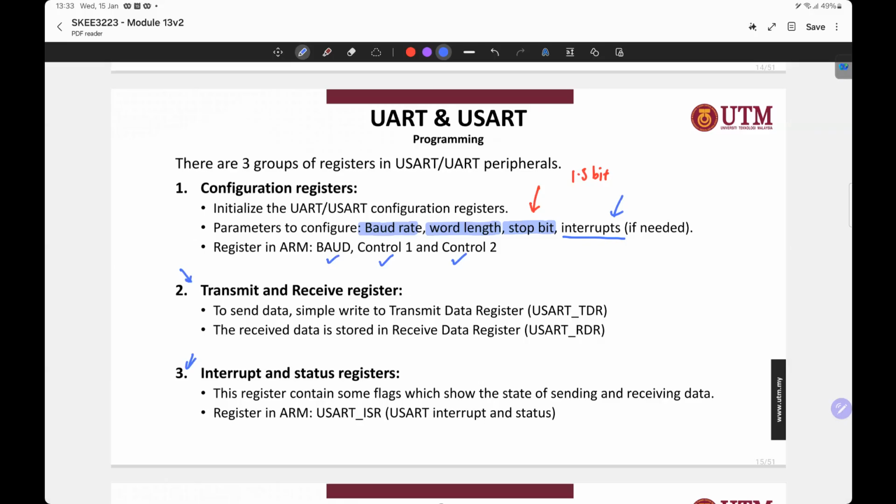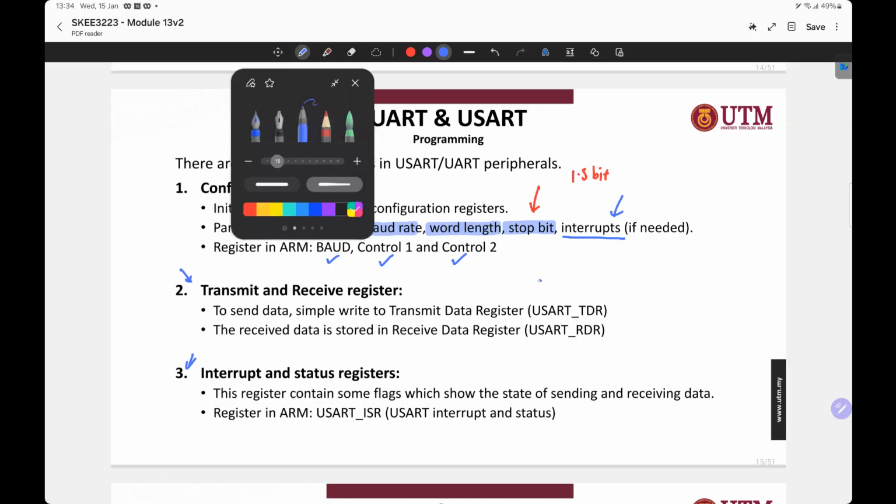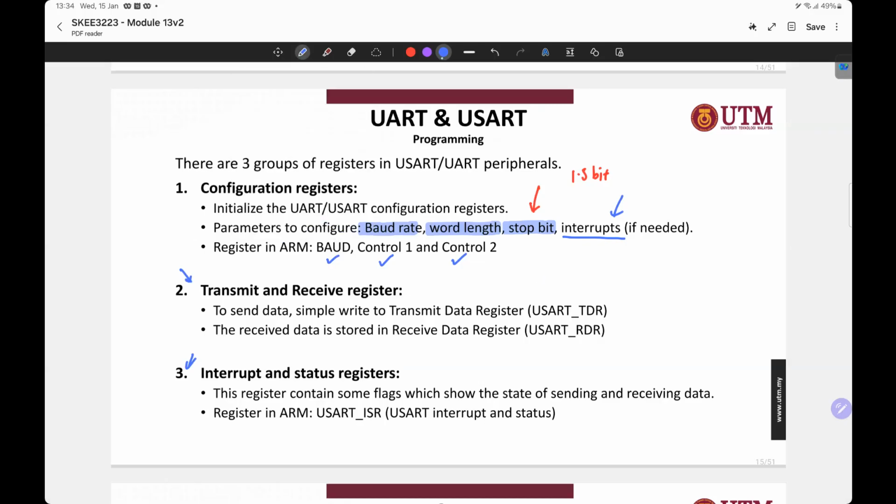Similar to receiving, when the device is still receiving the data, the flag will be 0, and when finished, the flag will change from 0 to 1. The register for the interrupt and status register, we call it the USART ISR, the USART interrupt and status register.